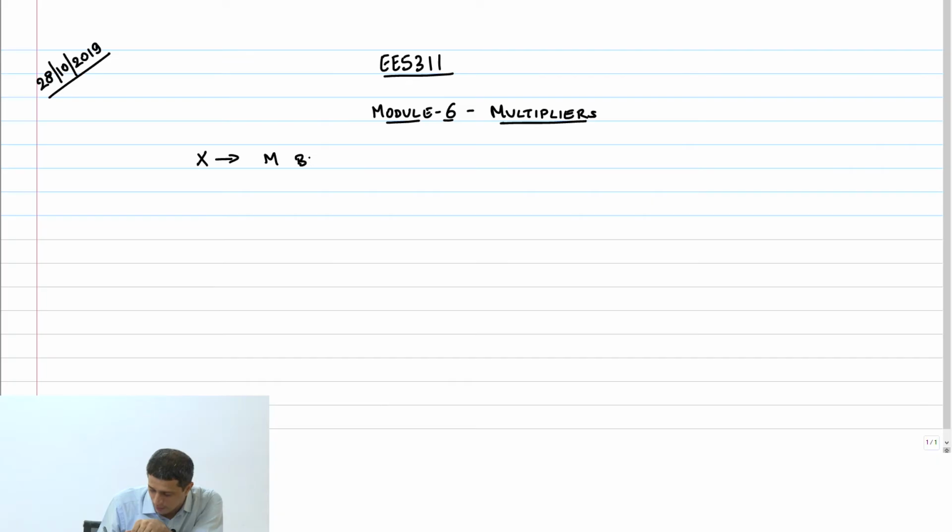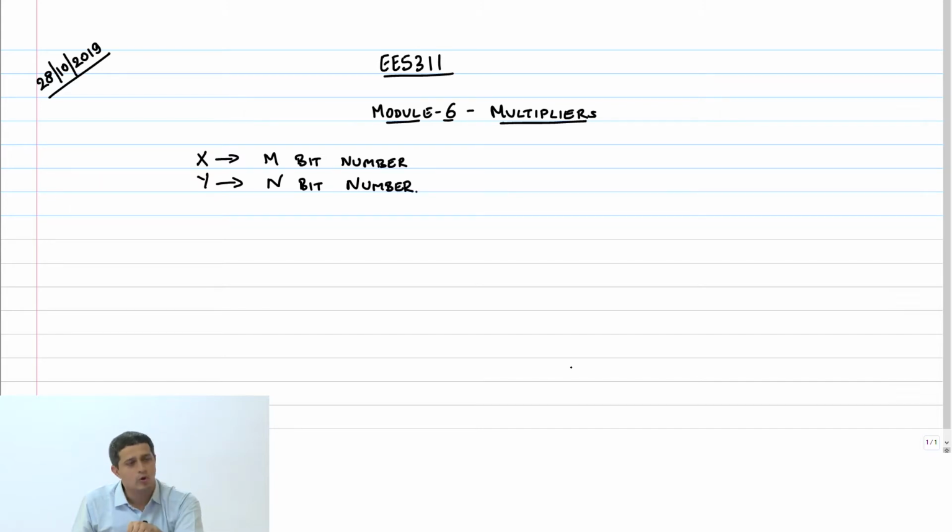Okay, so I have x, which is, let's say, an m bit number, and y, which is an n bit number. And I am going to assume that both these numbers are unsigned.